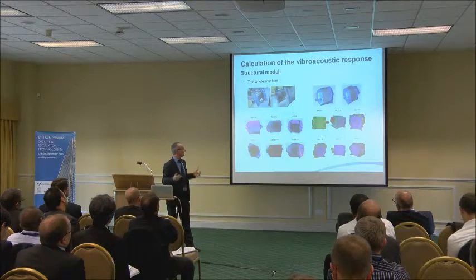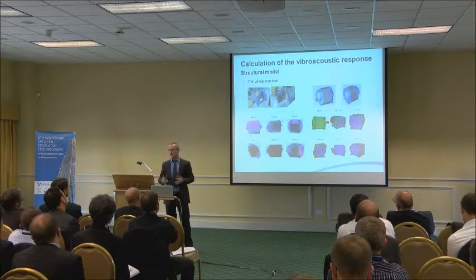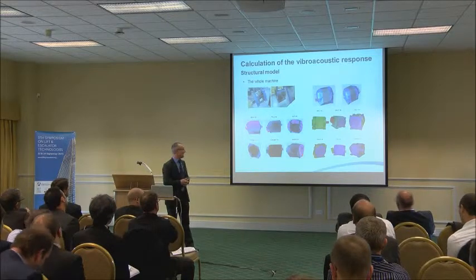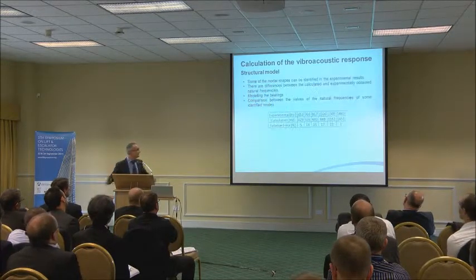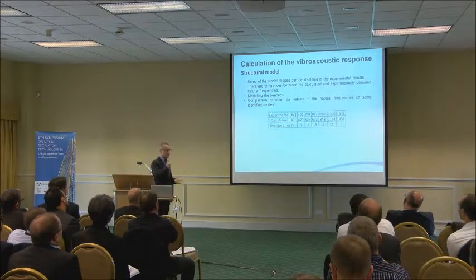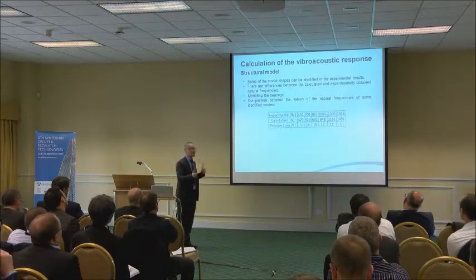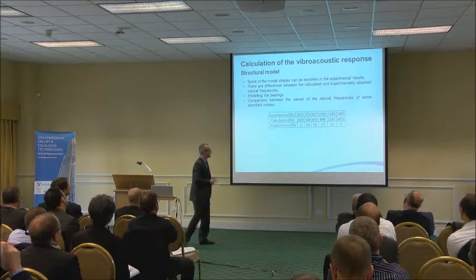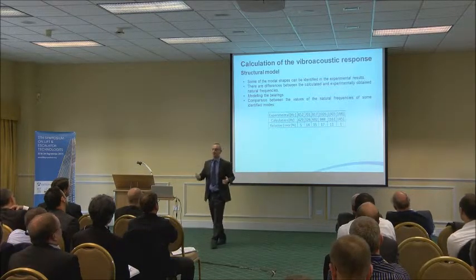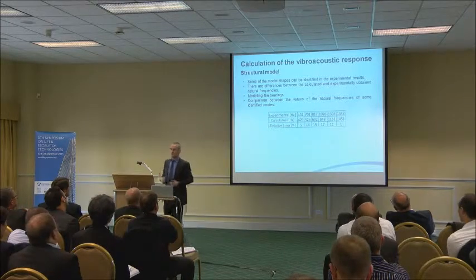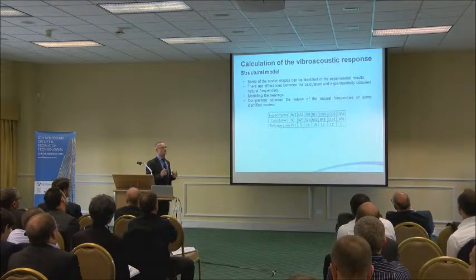So we have succeeded in identifying some of the modes, not all of them. Just to see some numbers, the differences between the calculated and the measured ones, the errors in some of the modes could be up to 17%. So it is a difficult task.